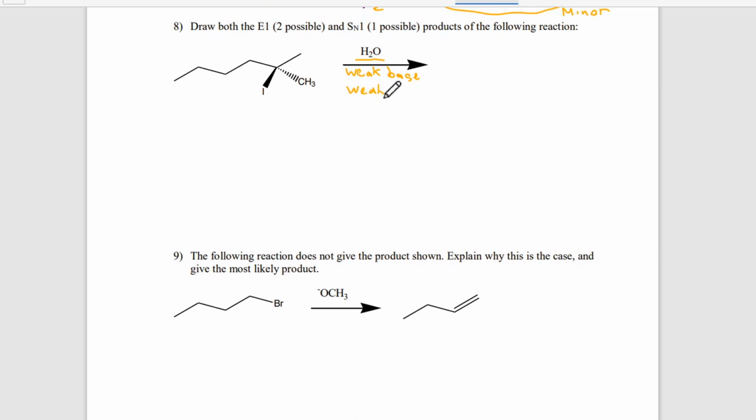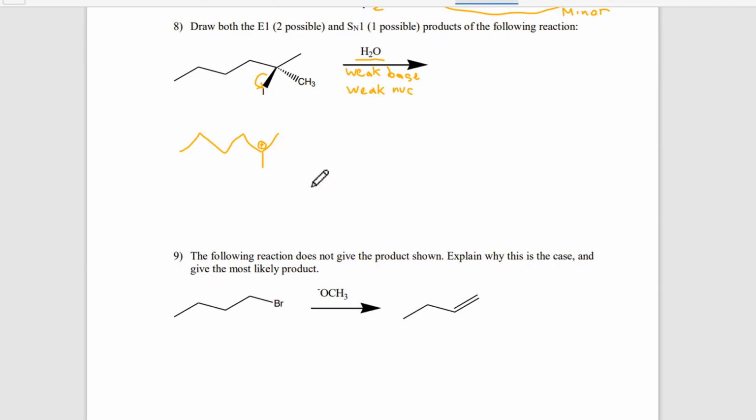And in that case, it's not going to force anything to happen. It's going to have to wait for iodine to leave. So iodine will leave, and that will give you a carbocation.